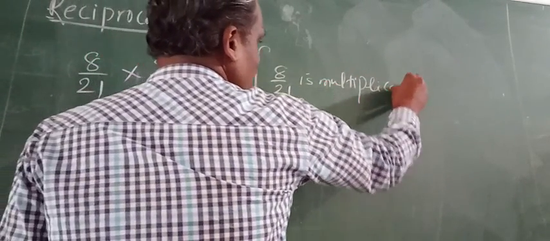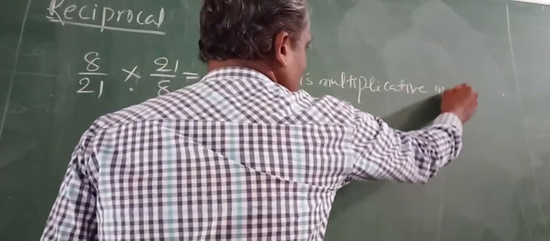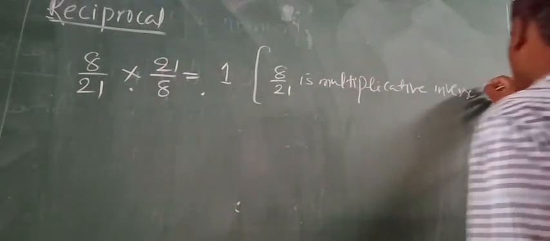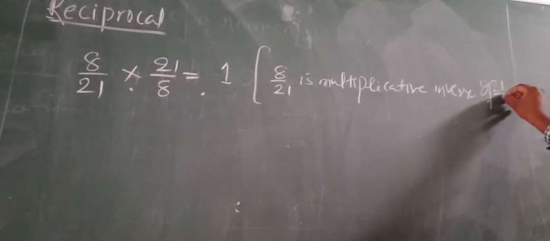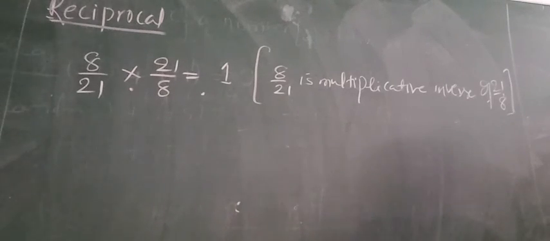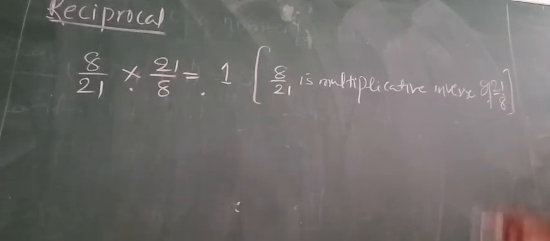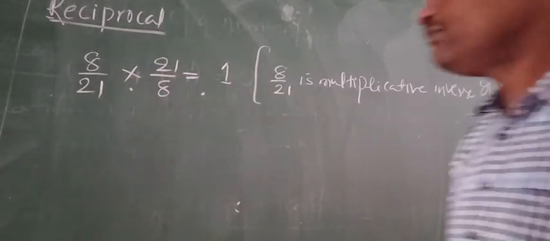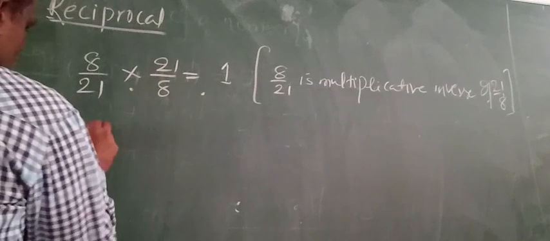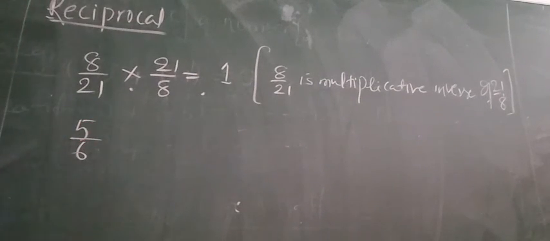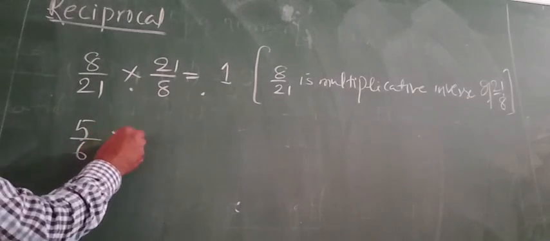of 21 by 8. So you can write that as 8 by 21 is the multiplicative inverse of 21 by 8. In the same way, I will give one more number, 5 by 6. What will be the multiplicative inverse of 5 by 6? 6 by 5.